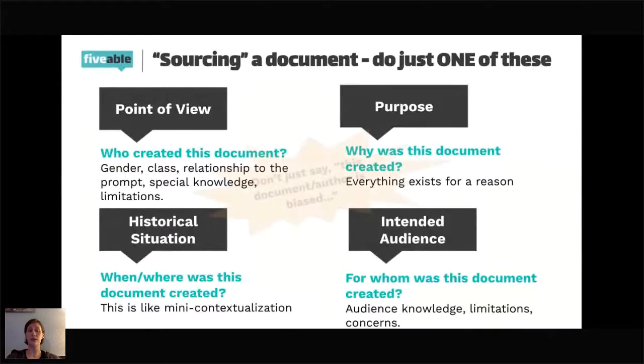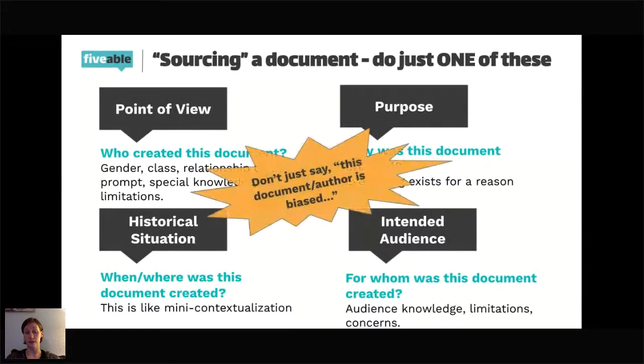The one thing that I would strongly recommend that you don't do is to use the phrase, "this document" or "this author is biased." My reasoning for this is kind of twofold.